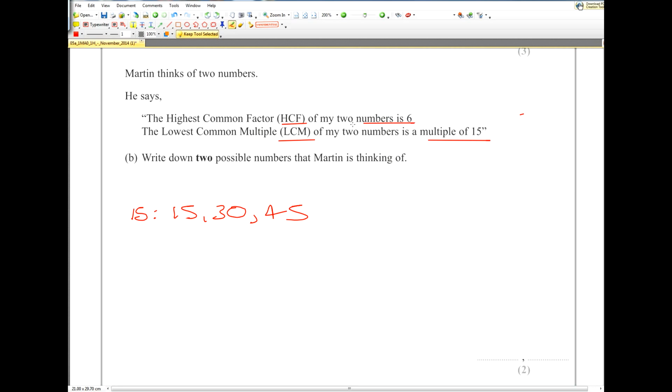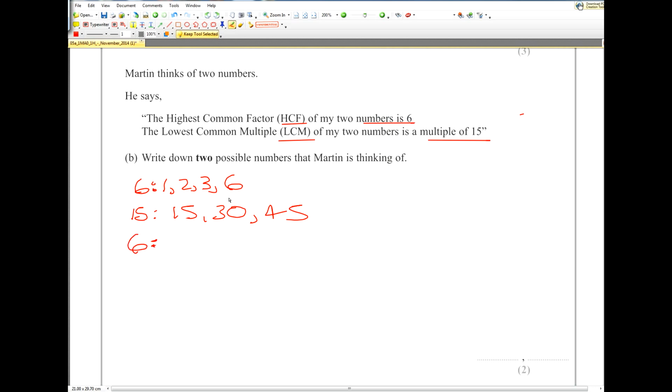And the highest common factor is 6. What are the factors of 6? 1, 2, 3, and 6.